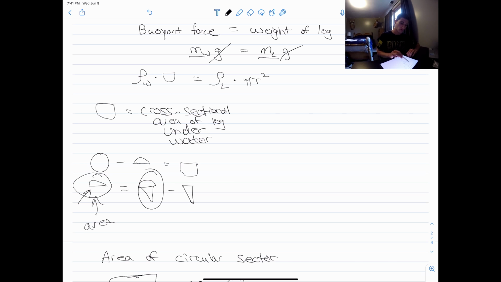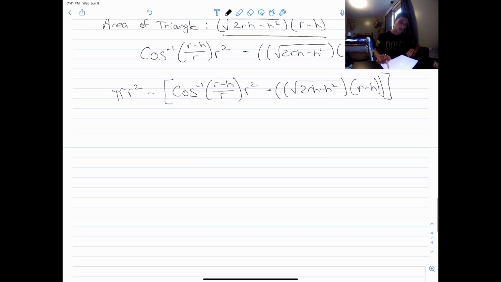Well, the cross-sectional area of what's under the water, multiplied by the density of the water and divided by pi r squared, is going to give us our density, which is what we're looking for. Let's go ahead and divide by pi r squared.